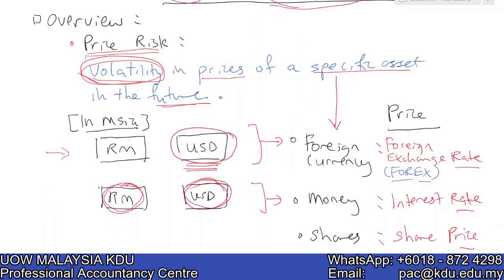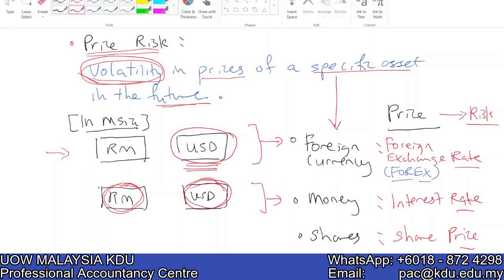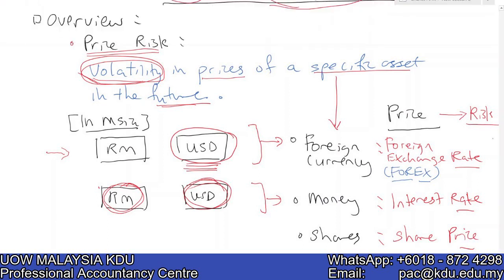Same thing applies for interest rate and same thing applies for share price. Okay, so from all these price risks that we are having, when the prices are uncertain, it gives rise to risk, as I mentioned to you. So all these prices are therefore giving rise to 3 types of price risks. We will be discussing all these price risks in more detail. For foreign exchange, we are going to cover in chapter 7 and 8.